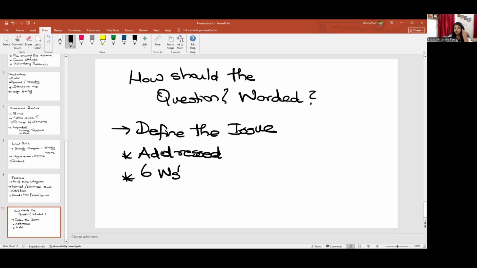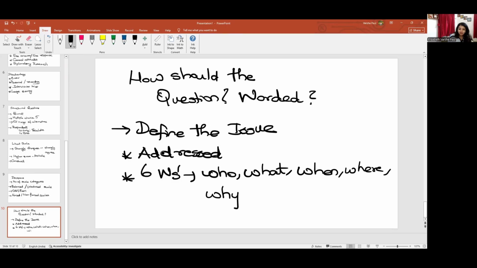Who, what, when, where, why, and the way. I'll write it down so that it's easier for you to understand. Who, what, when, where, why, way is very important. This will give you a clearer idea of what exactly you're looking for, what exactly your question is.